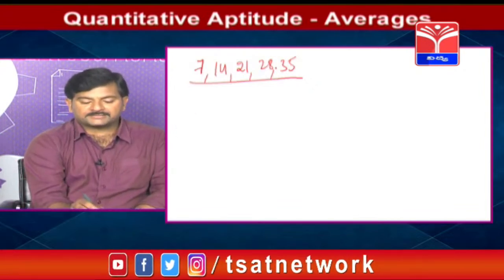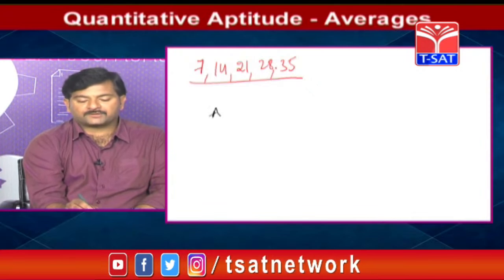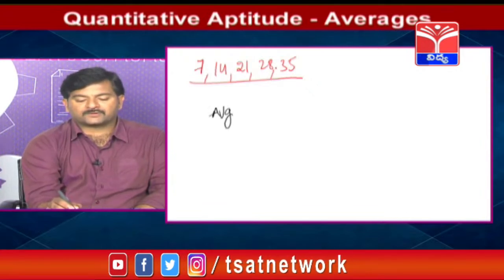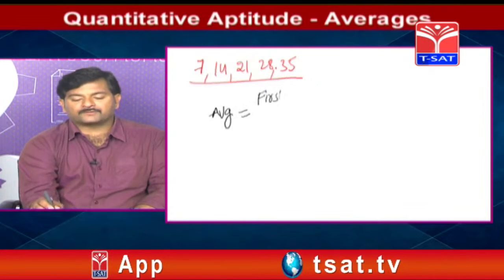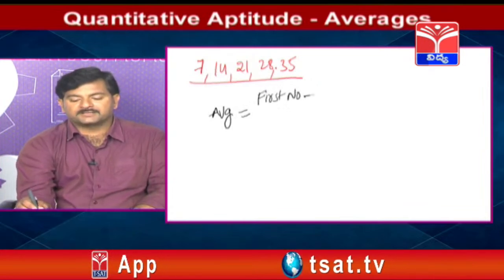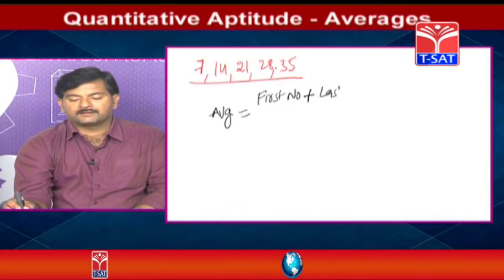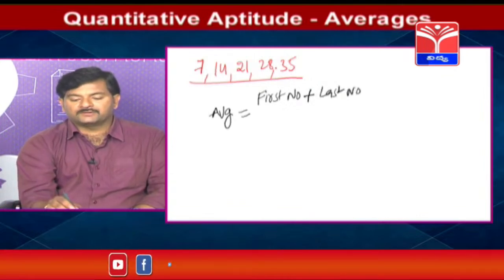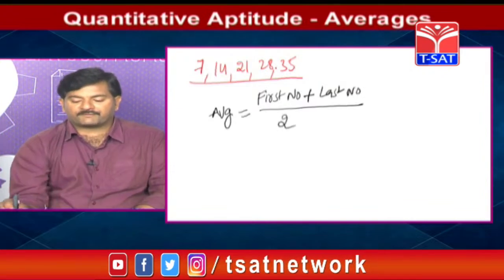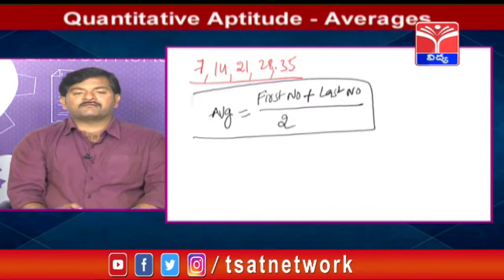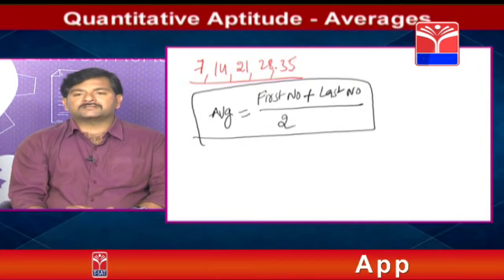The average is equal to first number plus last number by 2. We can use this formula if the given observations differ by a constant term.